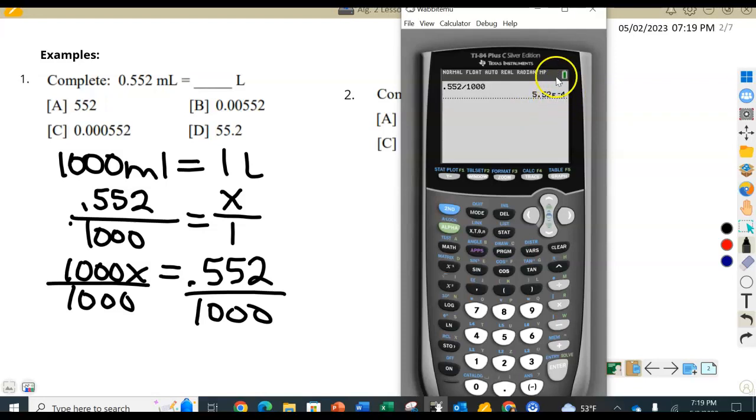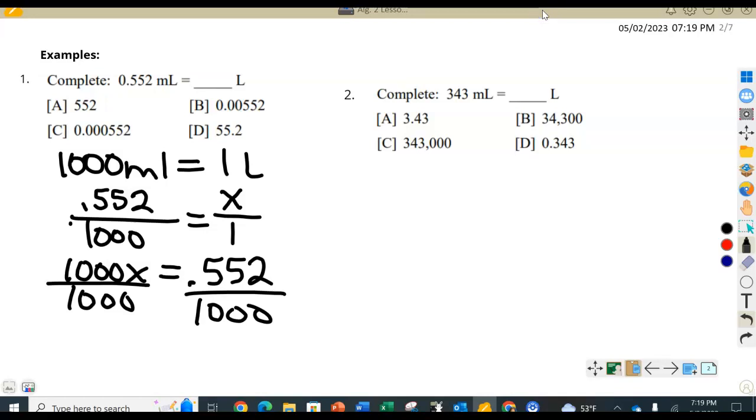That means it's in scientific notation, and that means you have to move the decimal 4 places to the left. So you move it 1 place, and then you have to add 3 zeros as placeholders. So it's going to be 0.000552. Your answer for this one would be C.